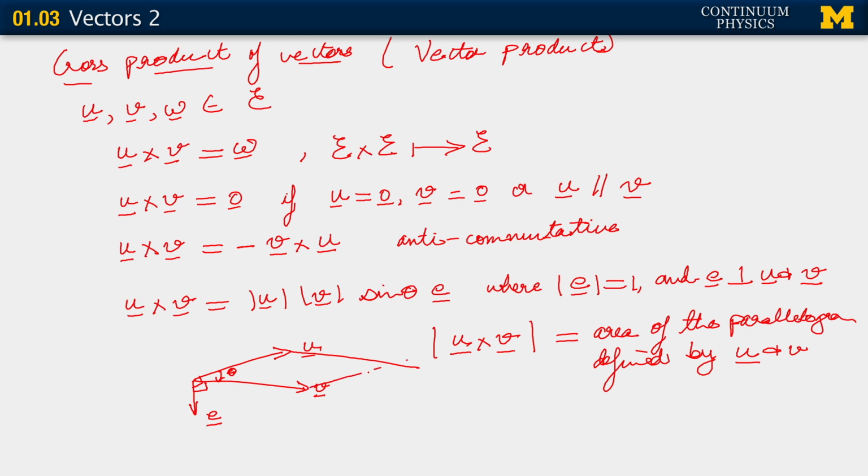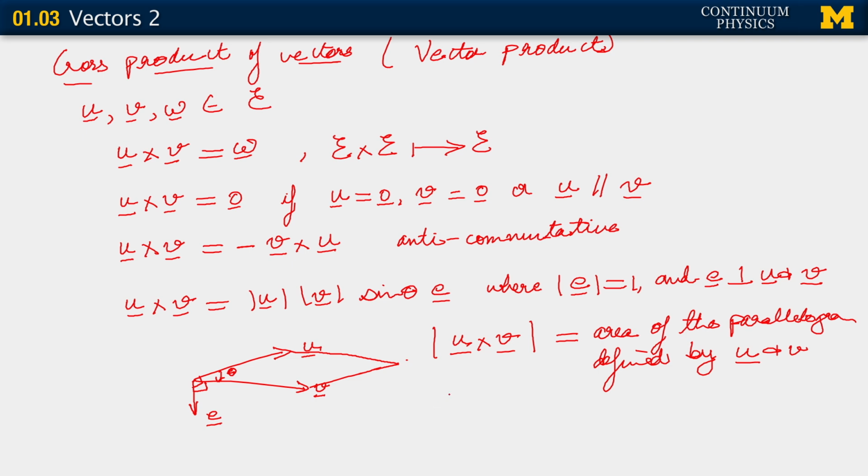So going back to this picture that I drew here, if I complete this parallelogram and I do it neatly, then the magnitude of u cross v, as I've written it here, is simply the area of this parallelogram, right?